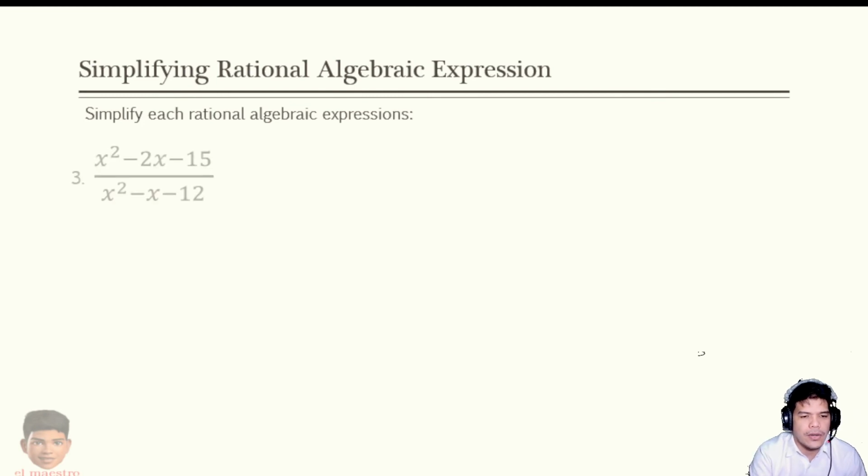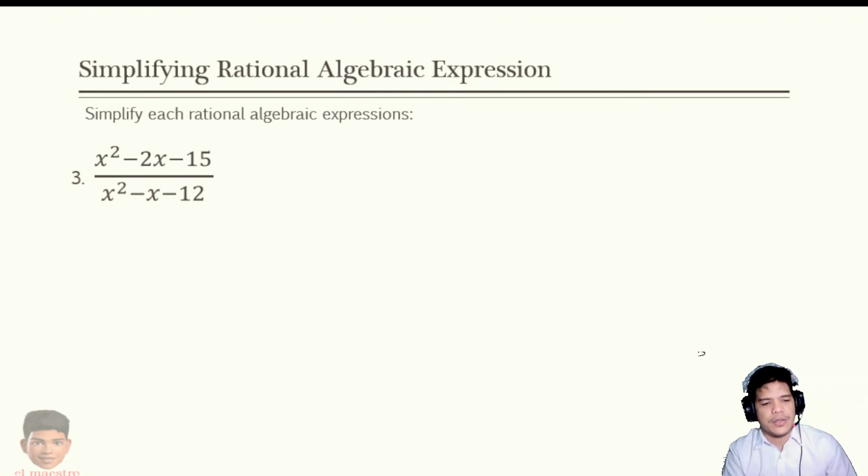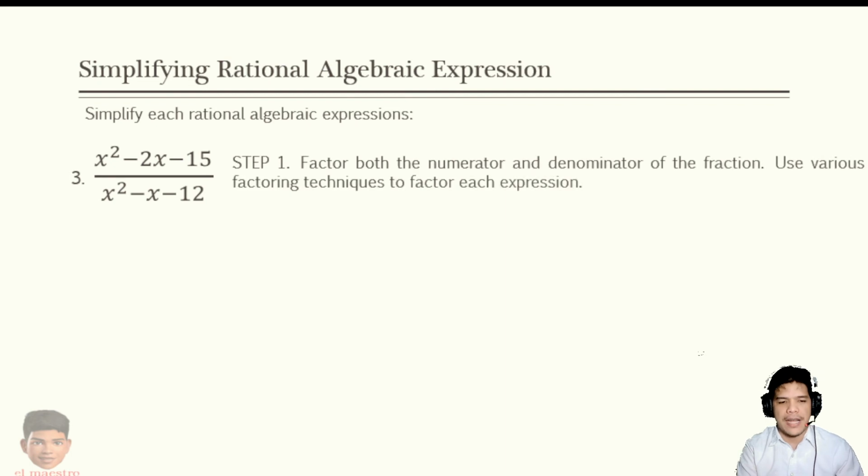Okay? So, another example. Ito, trinomial na yung both numerator and denominator. Meron tayong x squared minus 2x minus 15. And we also have x squared minus x minus 12. Okay? So, ito yung given natin. Again, the first step is to factor out both numerator and denominator.